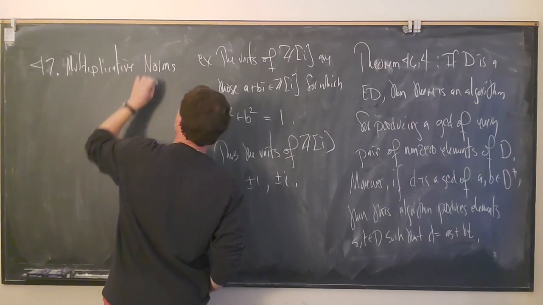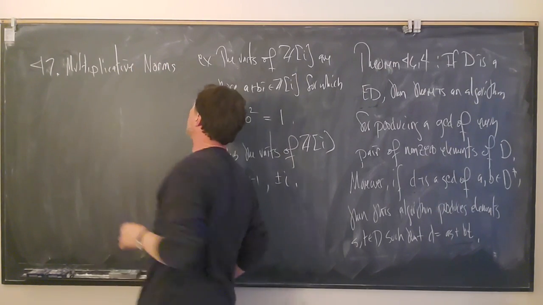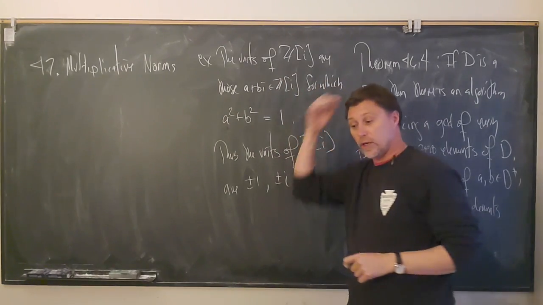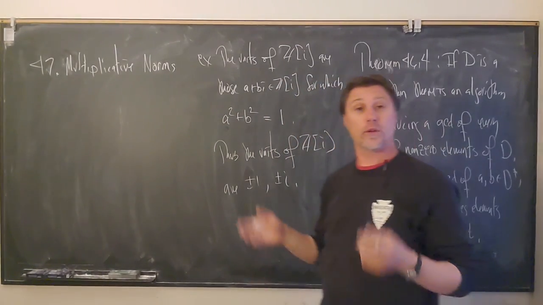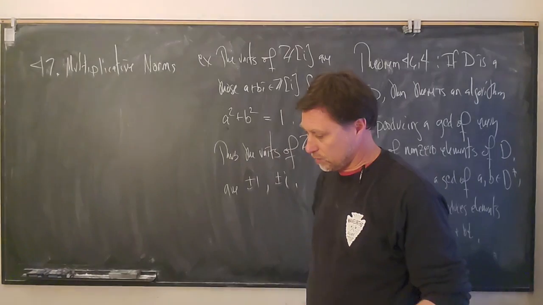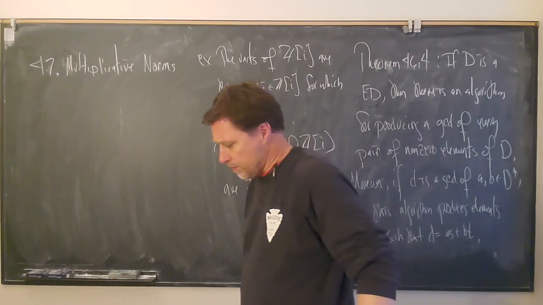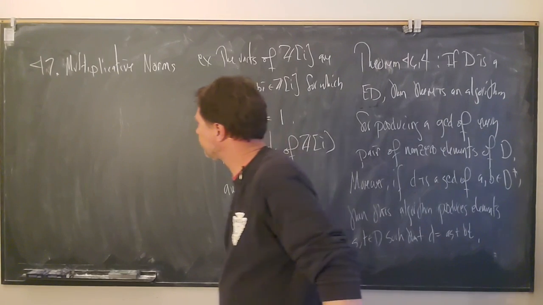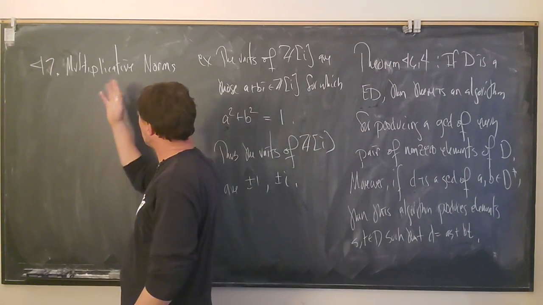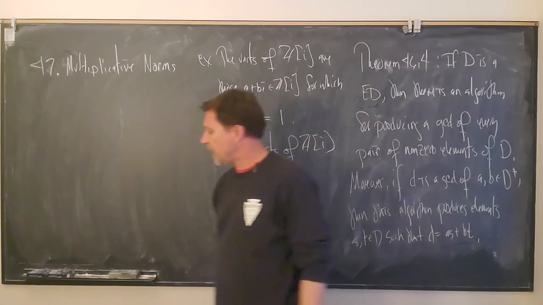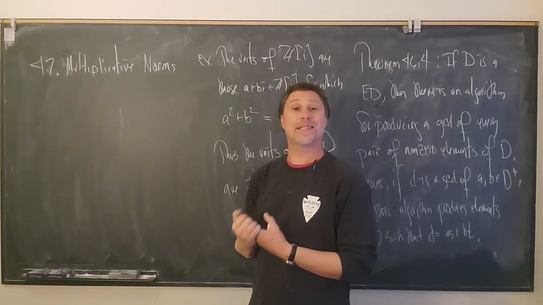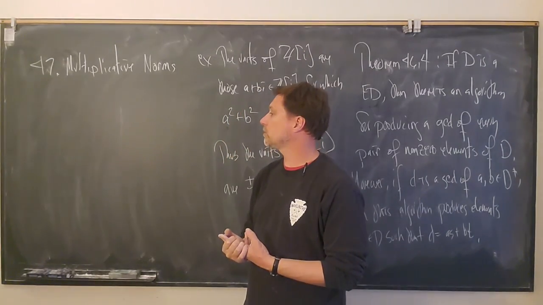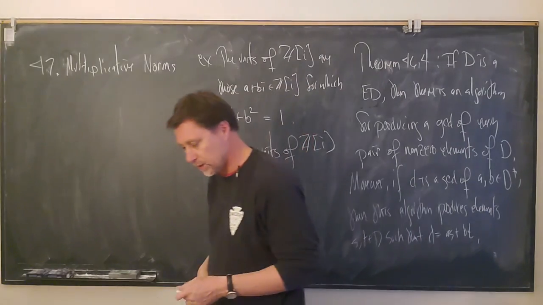What we saw is that having a Euclidean norm on your integral domain is very powerful. You can say a lot about a Euclidean domain. Now this thing called a multiplicative norm that I'm going to introduce in a second is going to allow us to study a certain type of ring. Leave it at that for now.